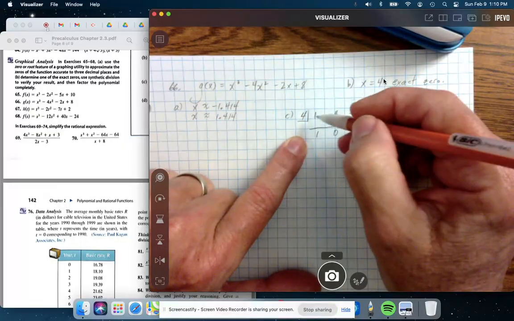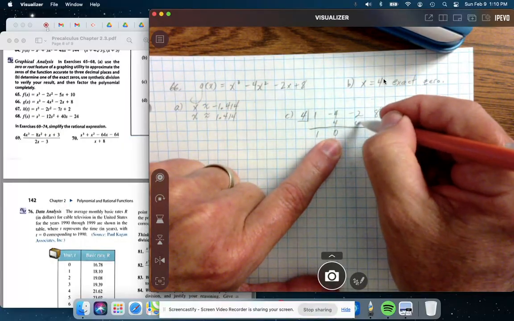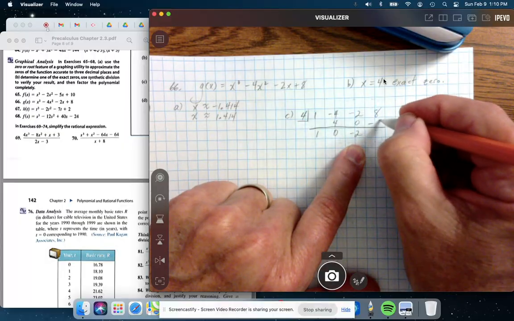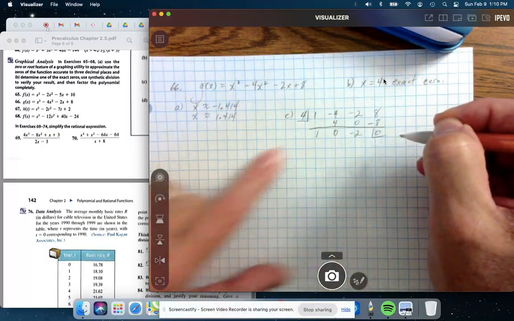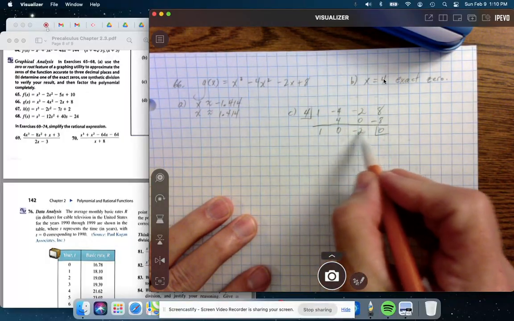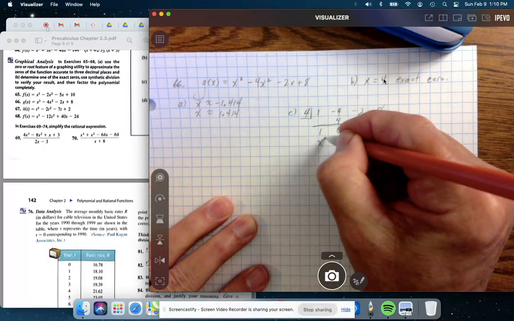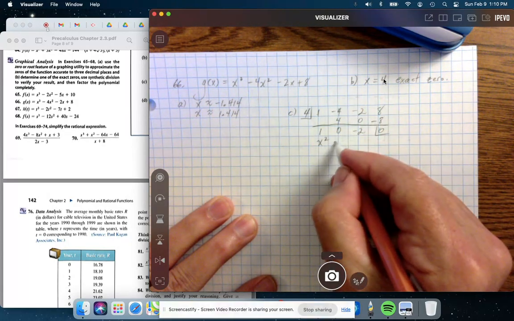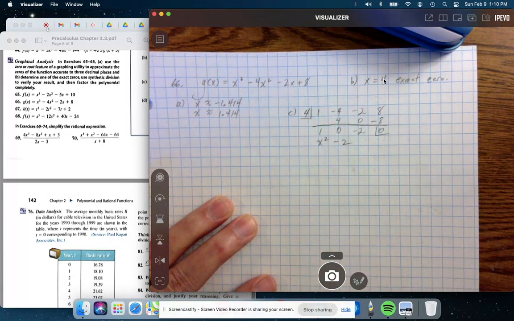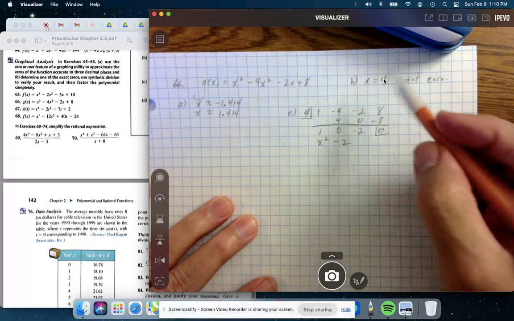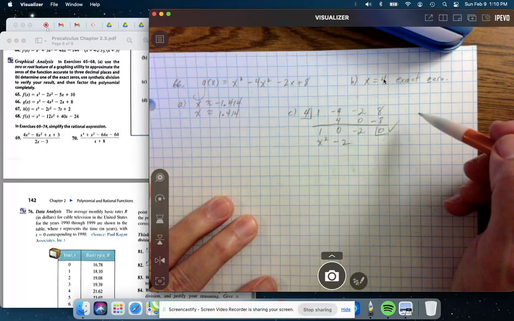Add, that's 0. 4 times 0 is 0. Add, you get negative 2. 4 times negative 2 is negative 8. Add, you get 0. All right, so this new factor here is x squared, that's 0x, so I'm going to just leave it out, minus 2. So I confirmed this by doing this and getting a remainder of 0.